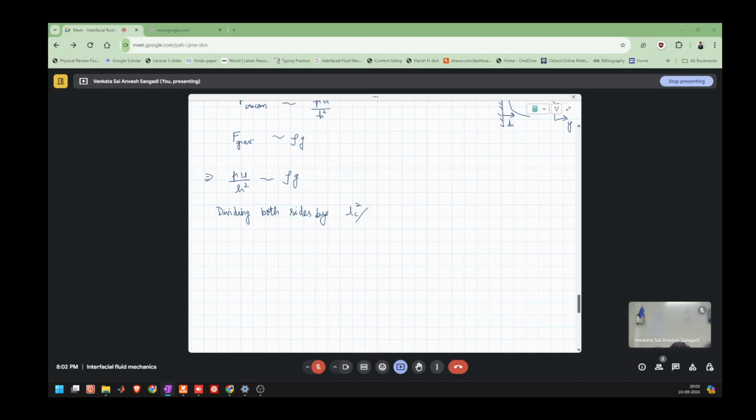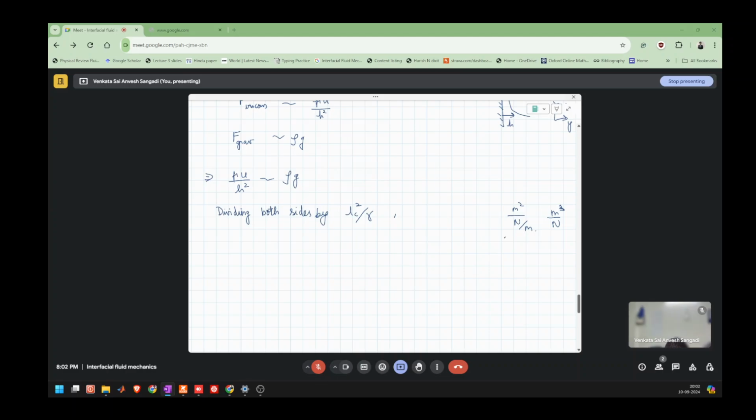also LC square by gamma. So we'll divide both sides by LC square by gamma, which is basically meter square by Newton per meter, so which is basically meter cube by Newton.